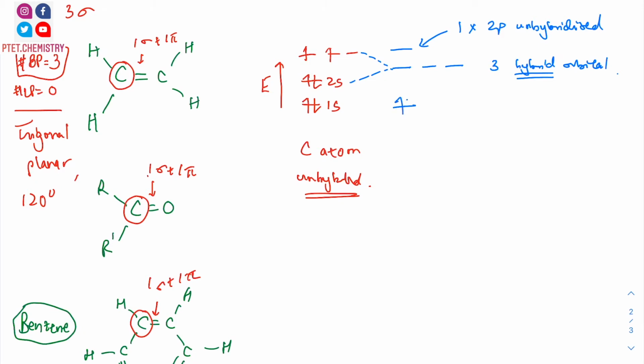The 1s remains as that because you don't react the inner shell electrons. You react the outermost shell electrons, which are the 2p and the 2s. You will get 4 electrons. The thing is, you do not fill in all 4 electrons in here. Where does the 4th one go? The 4th one remains on the p orbital. Why? Because you do not hybridize it. If you don't hybridize it, you don't mix it in. If you don't mix it in, why would the electrons be there?